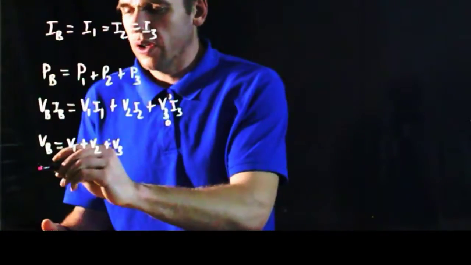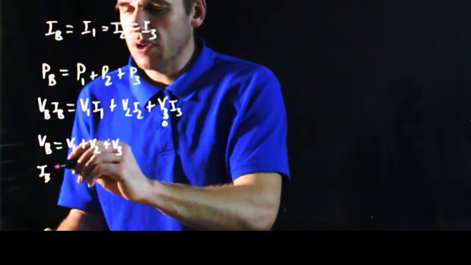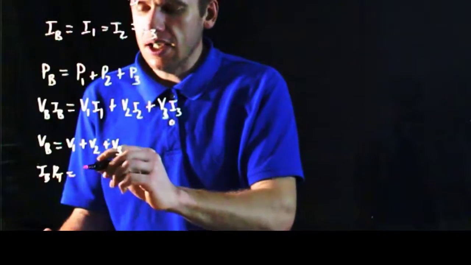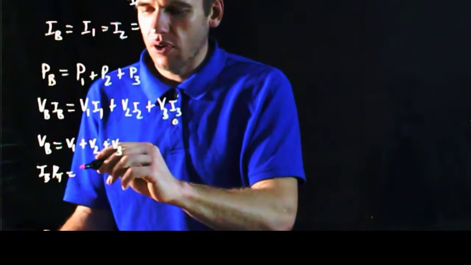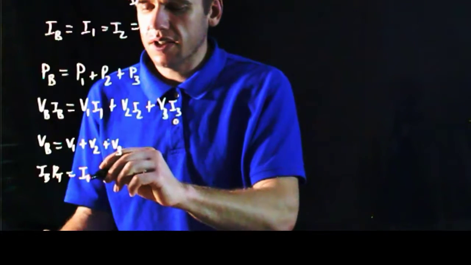So the total current leaving the battery times the total resistance in the circuit is equal to the current times the resistance of R1.